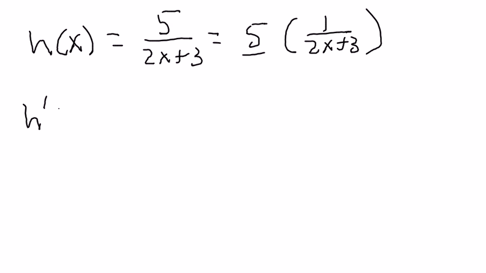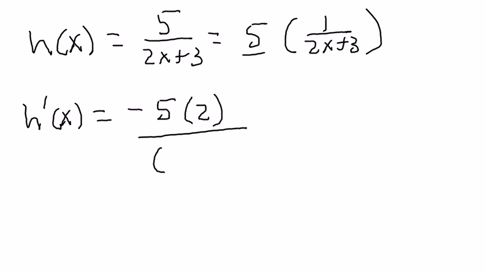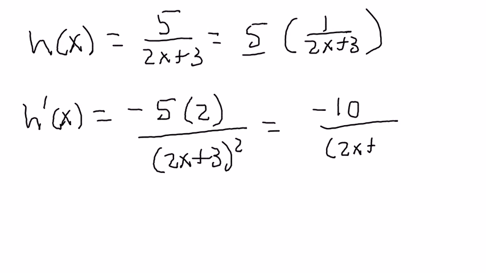So h prime of x is going to be negative 5 times the derivative of the denominator, which is 2, over the denominator squared. So it's 2x plus 3 squared, or negative 10 over 2x plus 3 squared.